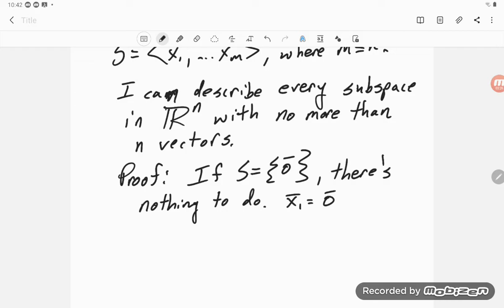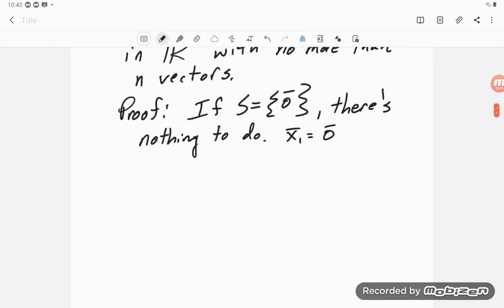So if we're in R1, R2, R3, R4, any of those, I just need the one vector, and so that's less than or equal to n. And so there you go, if it's just a 0 space.